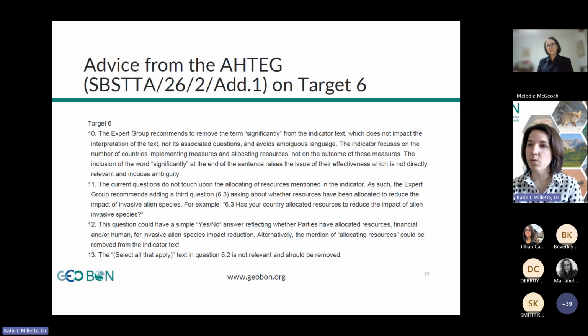Another recommendation was that this question could have a simple yes/no answer reflecting whether parties have allocated resources, financial and/or human, for invasive species impact reduction. Alternatively, the mention of allocating resources could be removed from the indicator text. And lastly, select all that apply. So this is very technical, but that text also could be removed, or it's not relevant.